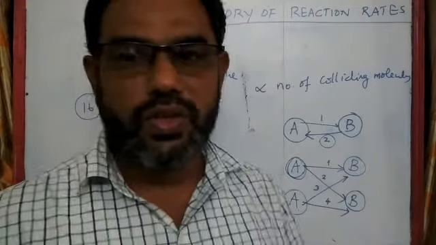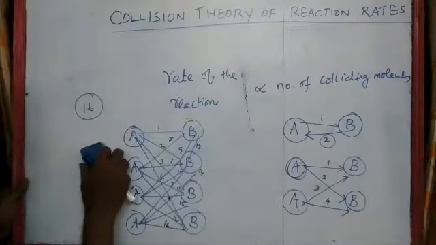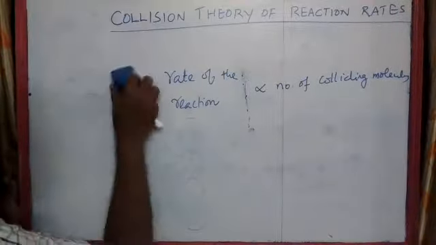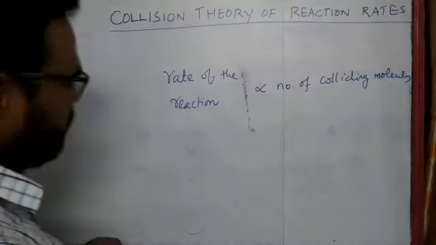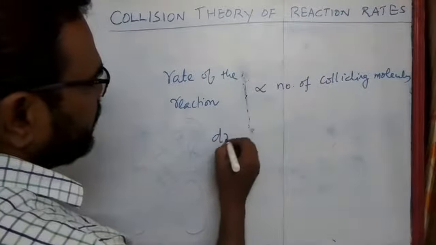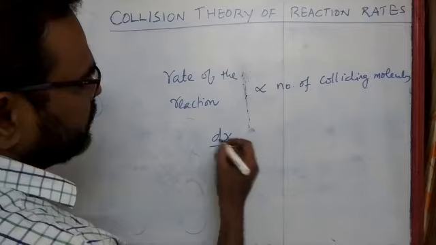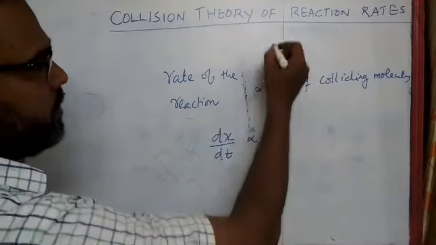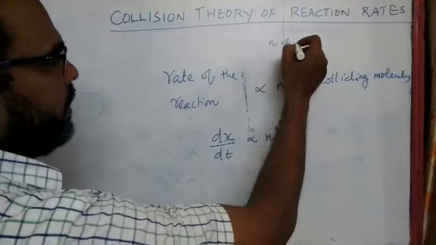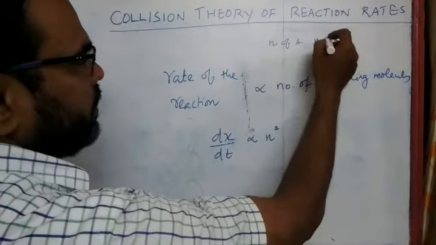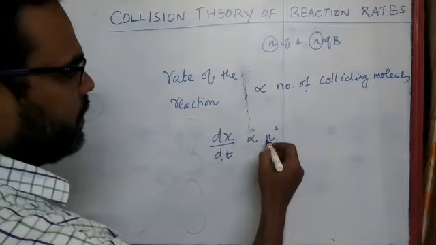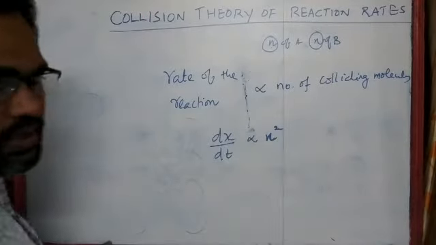So this means the rate of the reaction is directly proportional to the number of possible collisions between the molecules. That is, dx/dt, the rate of the reaction, is directly proportional to n squared. If there are n molecules of A and n molecules of B, then I have n squared possible collisions.